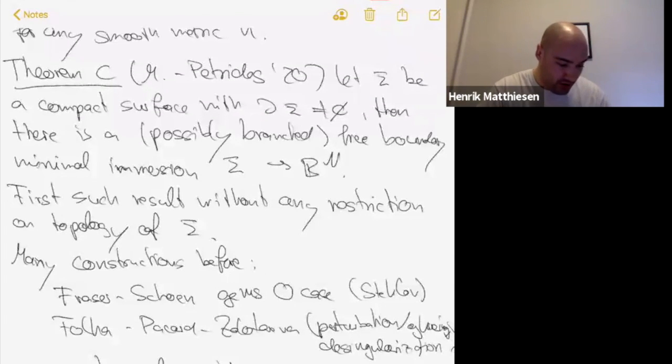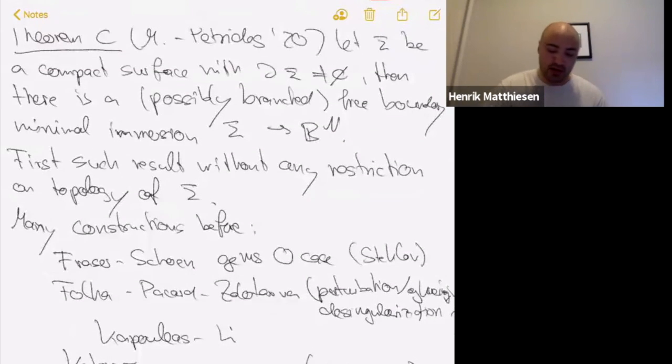The strategy to prove theorem A and theorem B. Okay, so the starting point is a theorem by, let's consider theorem A, the closed case, because the pictures are slightly easier to draw in that case, though I'll emphasize that it's kind of the same.